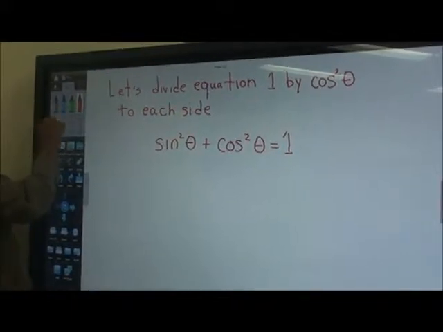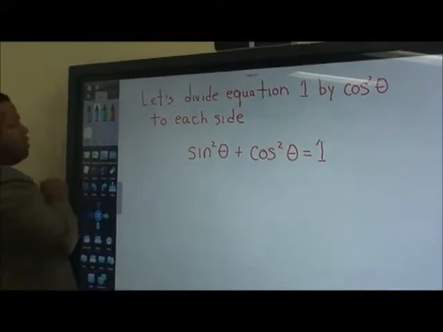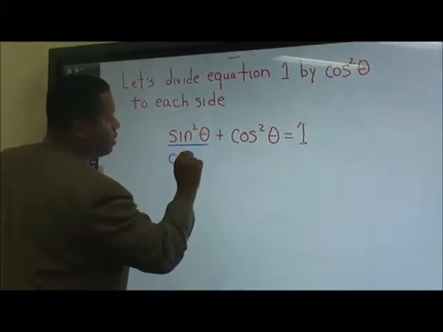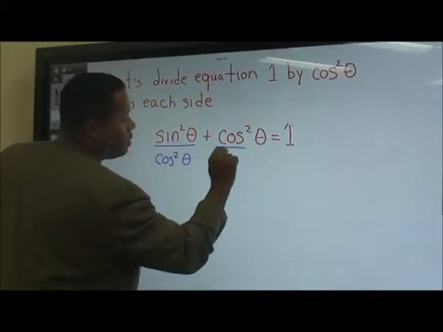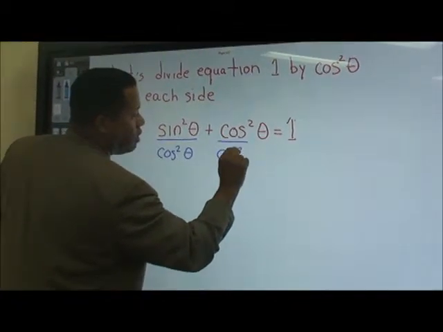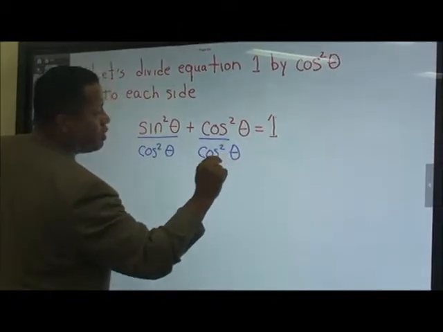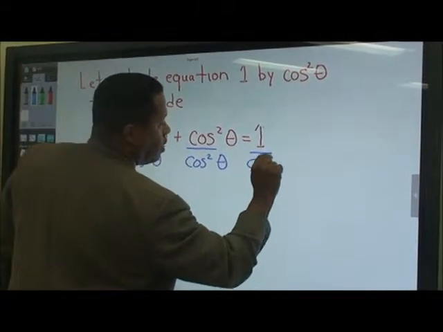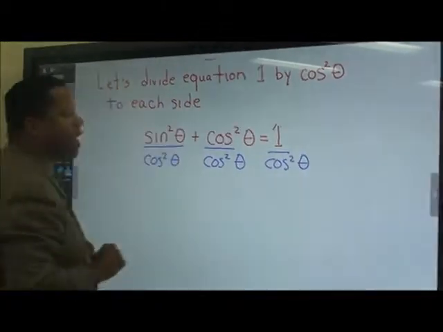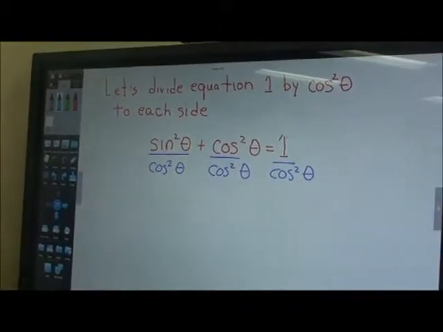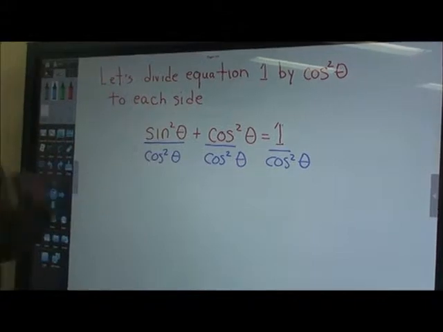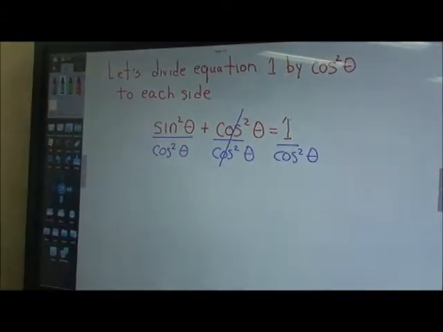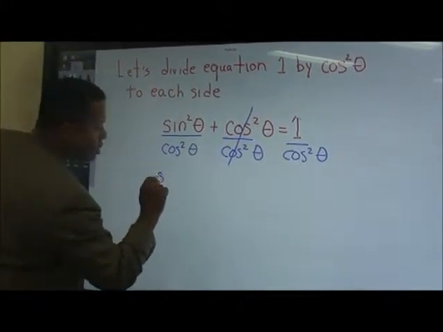I'm going to take a different color here. We actually come out with what? Simplifying this, what do we do? This is the relationship. This cancels out here, and this is what we come up with.